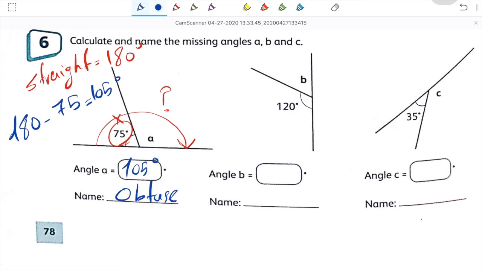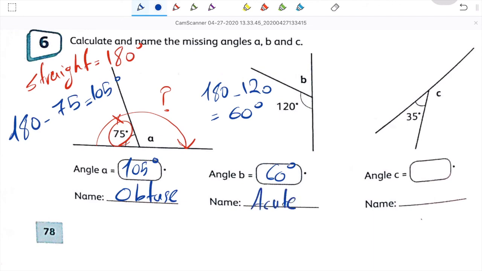About B, we will have 180 minus 120, which is 60 degrees. So angle B is going to be 60 degrees, an acute angle.